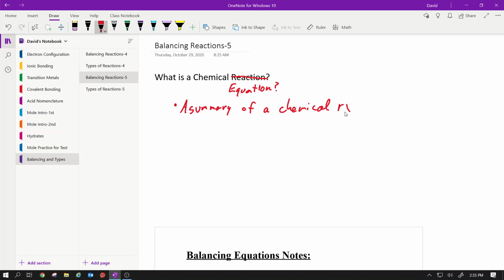And by the way, the term reaction is sometimes abbreviated RXN. So it is a summary of a chemical reaction. A chemical reaction is when we mix those chemicals together and they exchange electrons, they bond, and they make bonds and break bonds. And the summary of that is the chemical equation.